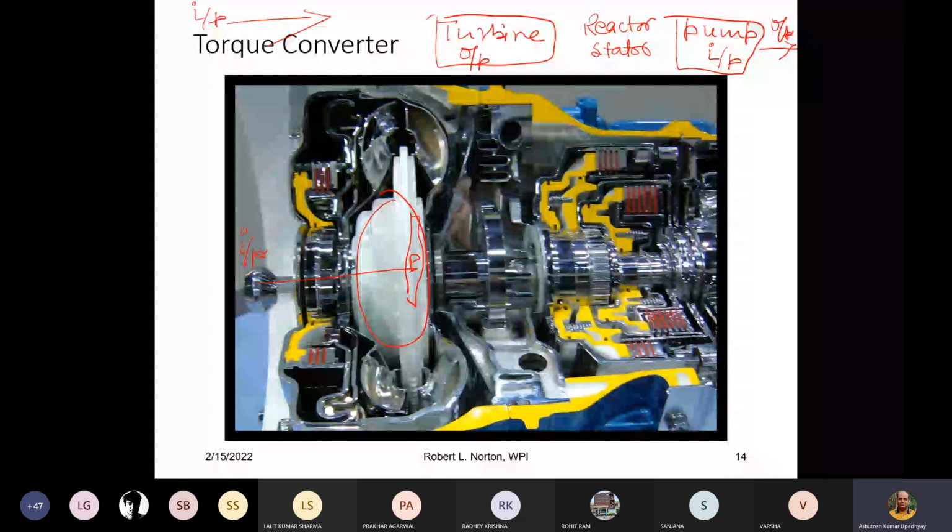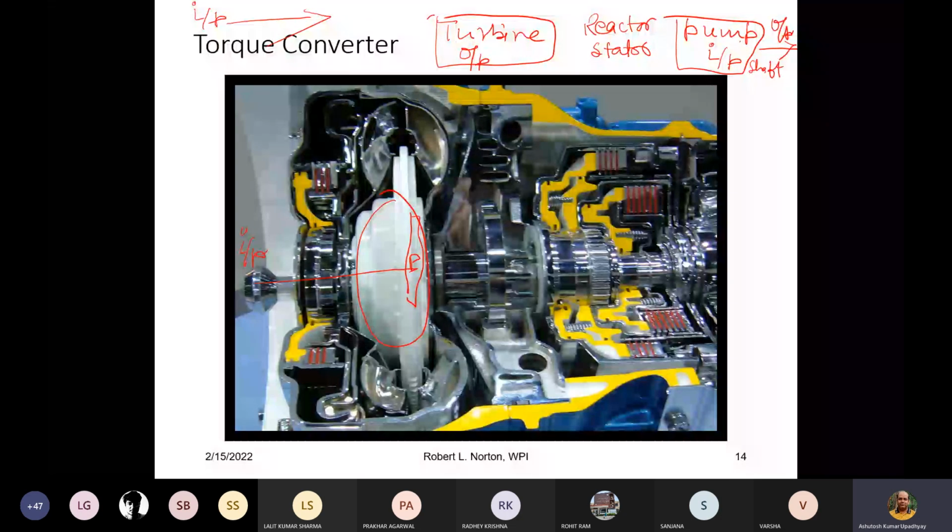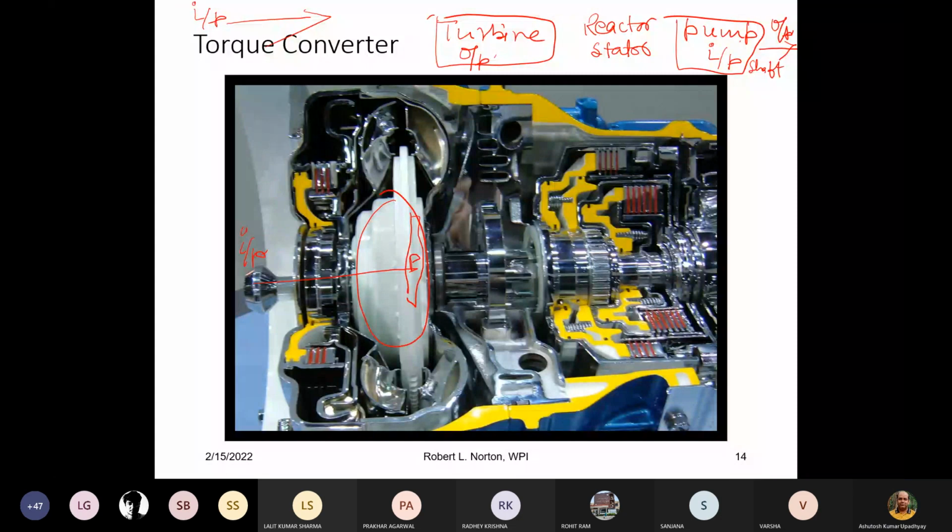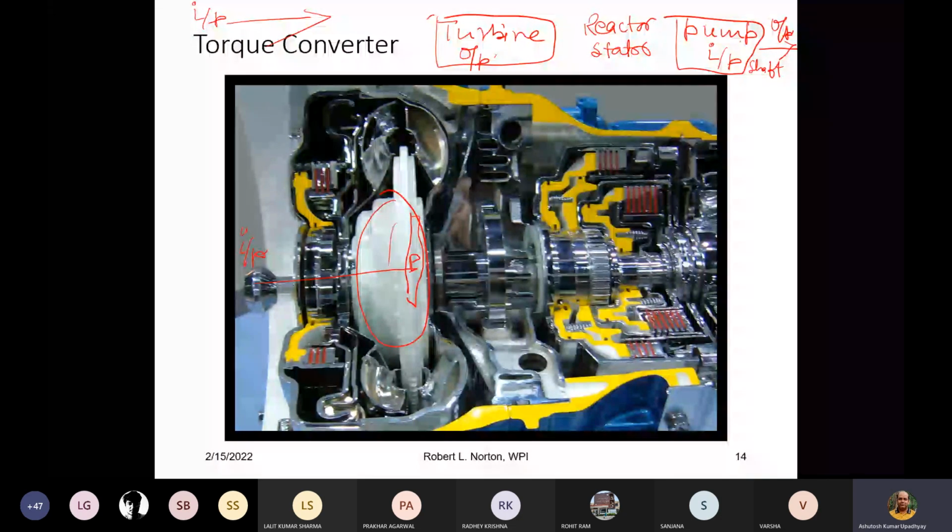So this pump is connected to the input shaft, and this turbine is connected to the output shaft. What happens when there is a centrifugal pump? It will pump the fluid. There will be liquid within this one.